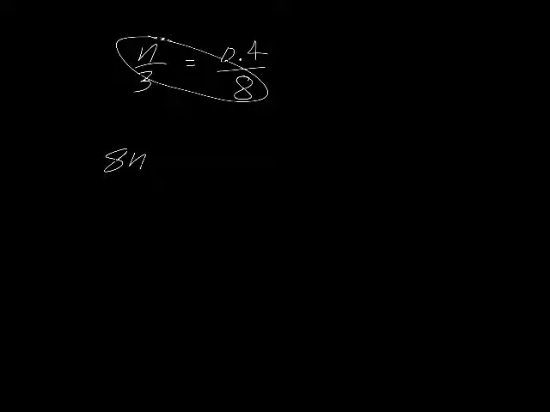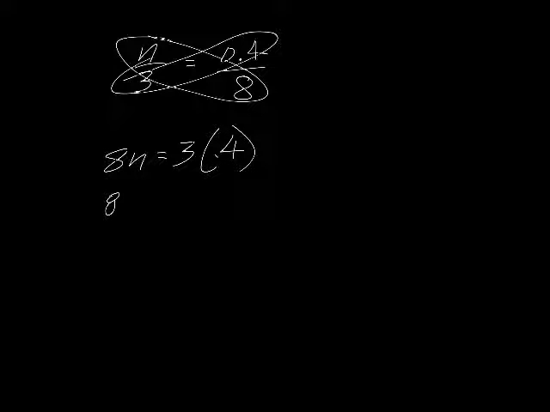For example, example 5, they have n over 3, and they're saying that equals 0.4 over 8. So we'll multiply those, equals, and then we'll multiply those. So 8n equals 3 times 0.4, 1.2.